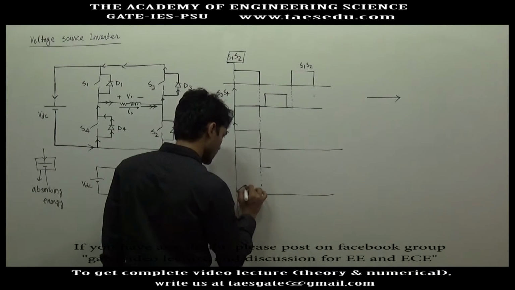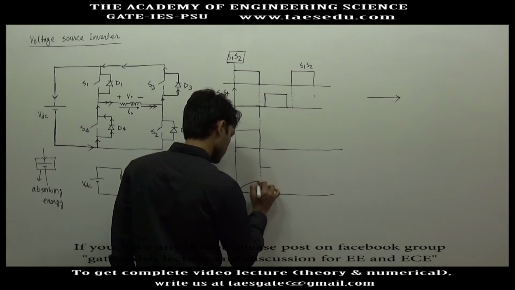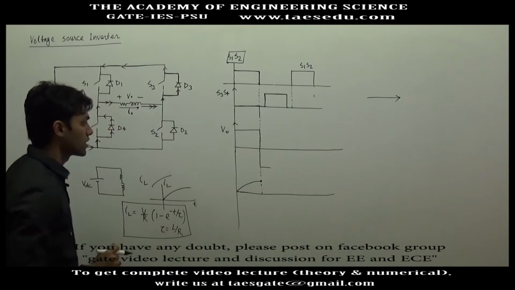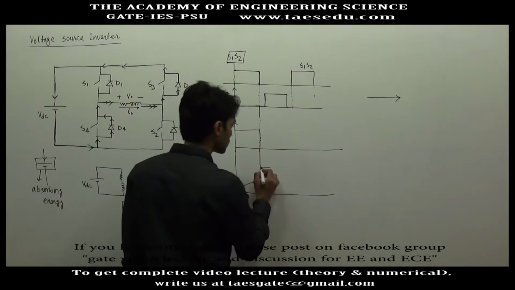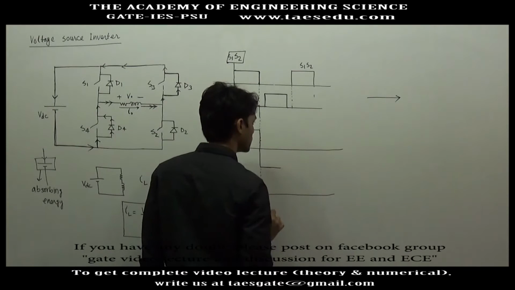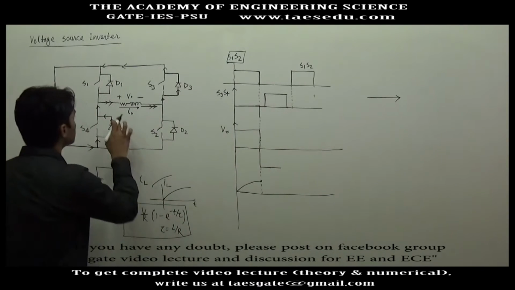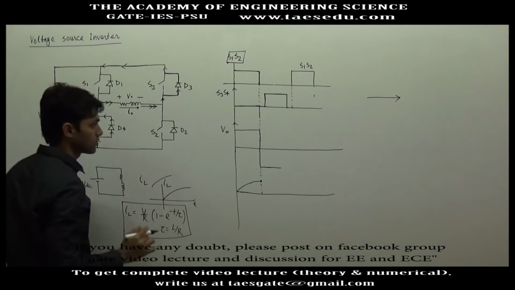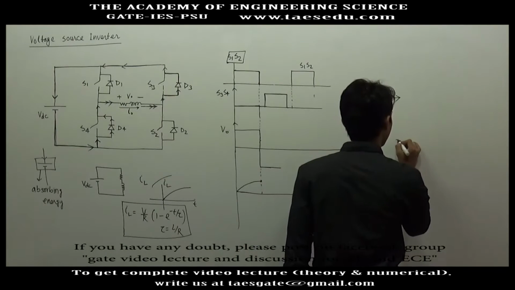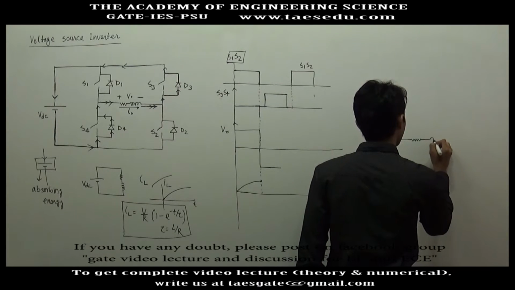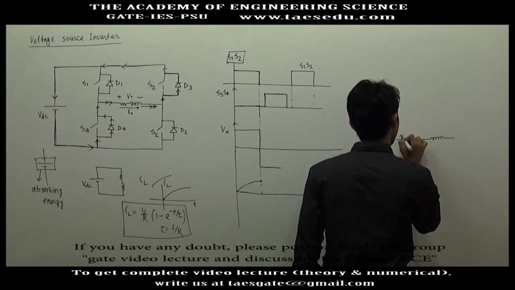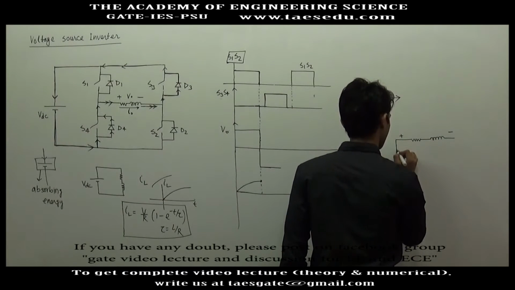Up to this point current will rise to some value, and after this what will happen to the current? Here you are getting minus VDC. Let's say this is the output. You have this type of RL circuit. This is the positive reference, this is the negative reference.